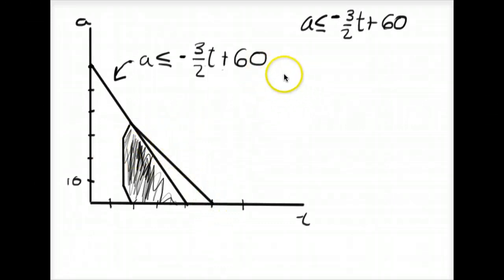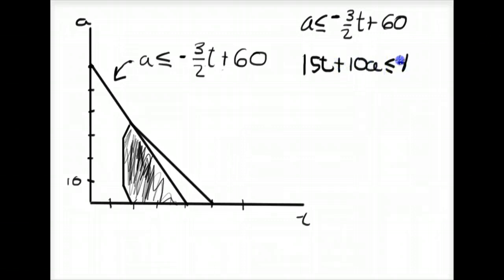So now we can pick another cost value and find the number of teachers and aides that will make the cost less than that. Let's say we pick 400,000, then 15t plus 10a would have to be less than or equal to 400, because it's 400,000.